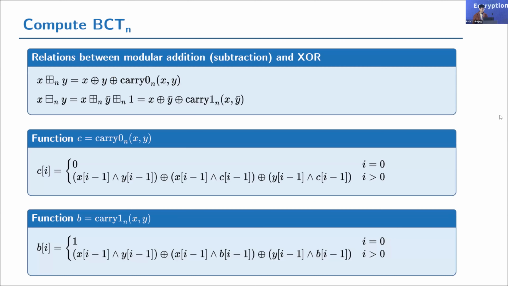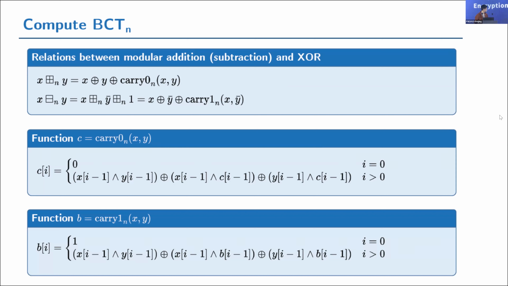Okay, let me introduce the computation of the BCT. During the computation, there are 2 important equations here. They depict the relation between the modular addition and the XOR operation. Here, I want you to focus on the recursive definition of the carry function.